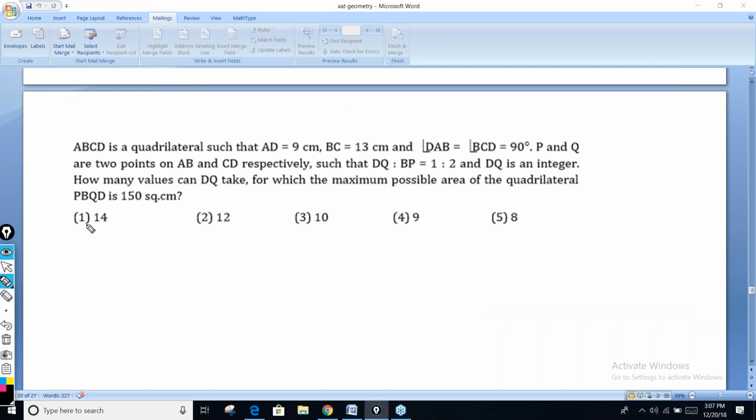This is a good question. ABCD is a quadrilateral such that AD is 9, BC is 13, DAB and BCD is 90 degree. Now that is the crucial part, to draw the figure. Here you can draw it like this.